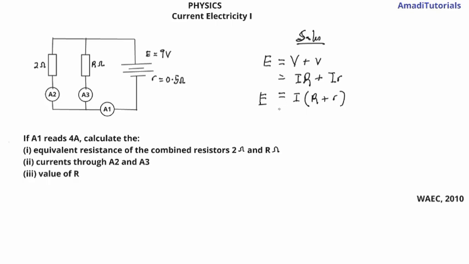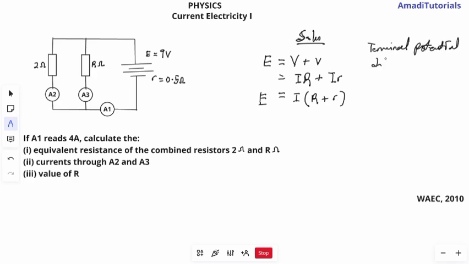So electromotive force is the voltage read by the cell or battery when it is in open circuit. That's when it is not connected to any load. Now that is not the same voltage that same cell will read when you connect it to a load. When you connect it to a load, the voltage it will read is what we call terminal potential difference.